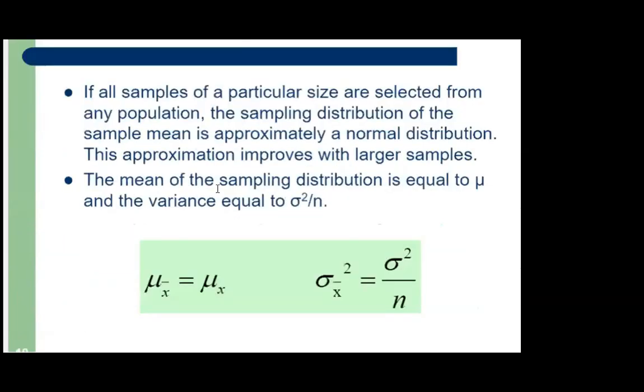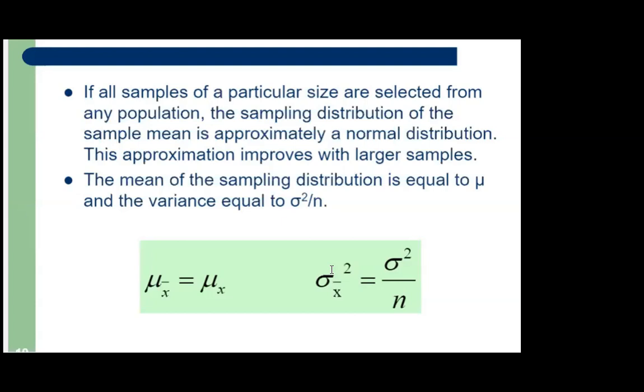But is this the same for standard deviation or variance? You know that variance is the square of standard deviation. So this is the variance. Is the variance of those small samples of 2 equal to the population's variance? The answer is no. It's equal to the population's variance divided by n. What's more important for me compared to variance is the standard deviation, so I take a square root on both sides.